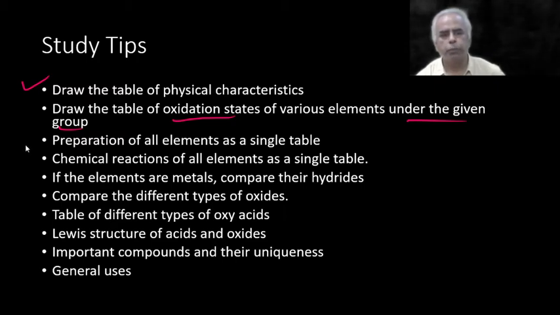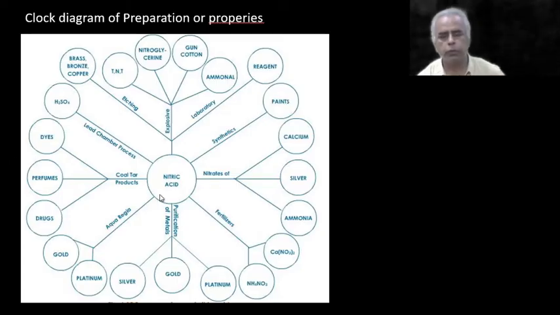And then preparation of elements, this can be either written as a single table, or you can draw a clock diagram. So the clock diagram will be like this. For instance, you can write down the name of the element or the name of the compound here. And if it is preparation, you can put an inward arrow.